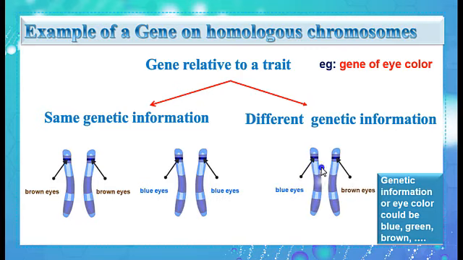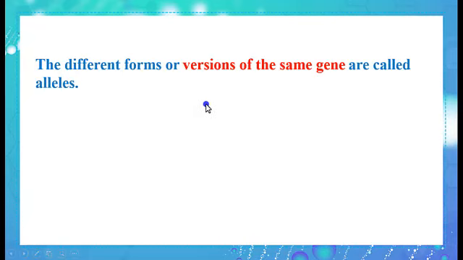But if we have different genetic information, it means one of these chromosomes carries blue eyes, while the second one carries brown eyes. From here, we can say that the different forms or versions of the same gene are called alleles.